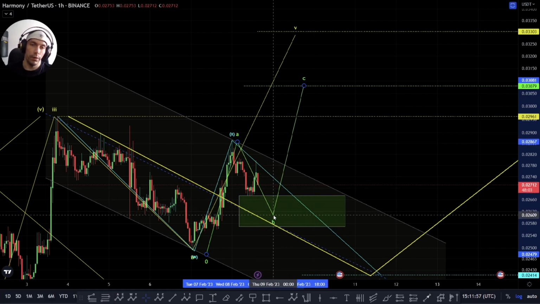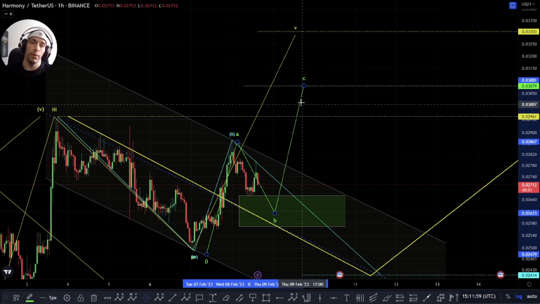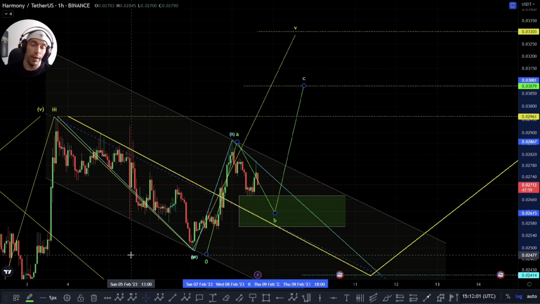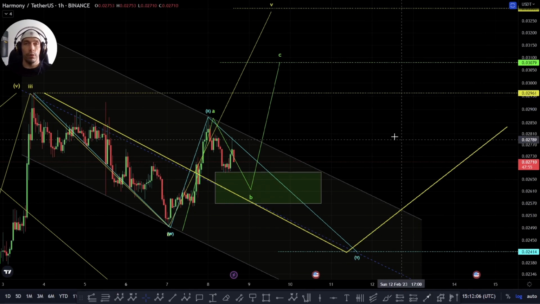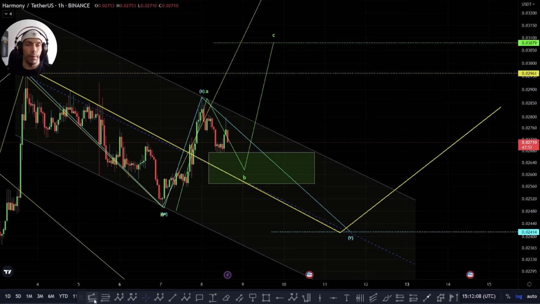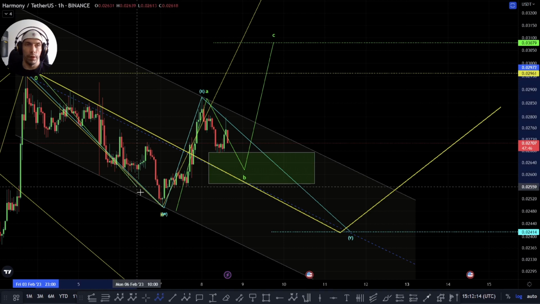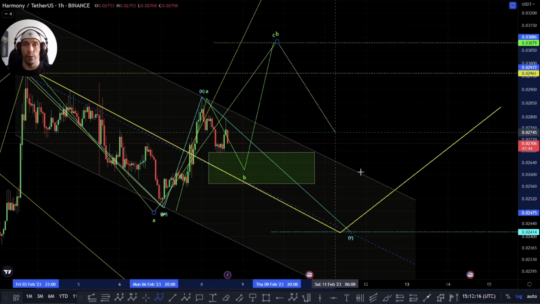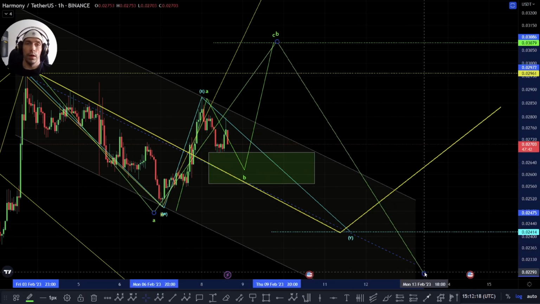But if we do break down deeper towards that 618 area, this would obviously bring this down slightly. But if we do just form a 3-wave structure like this, we could be setting ourselves up for a bigger move to the downside, where this becomes an A, a B, and a C.